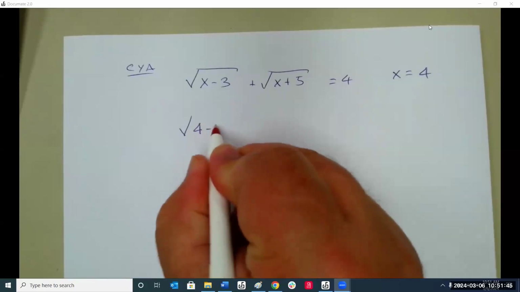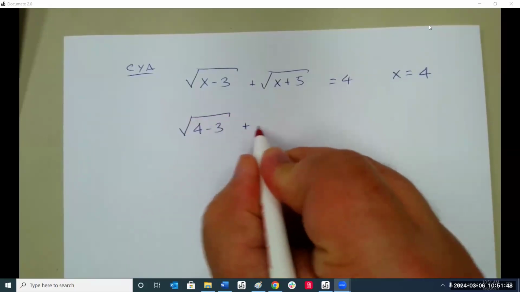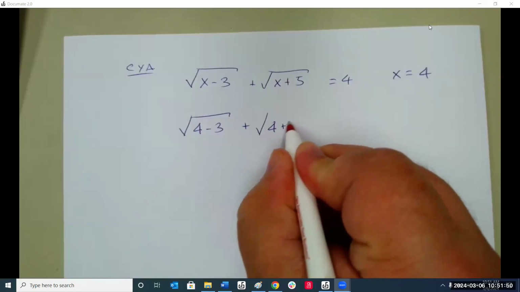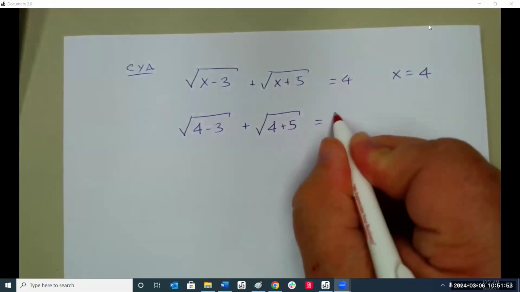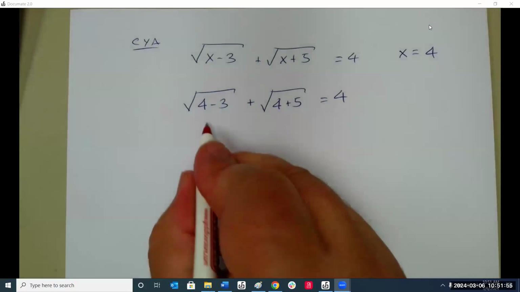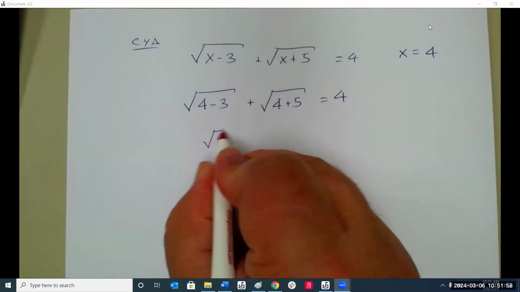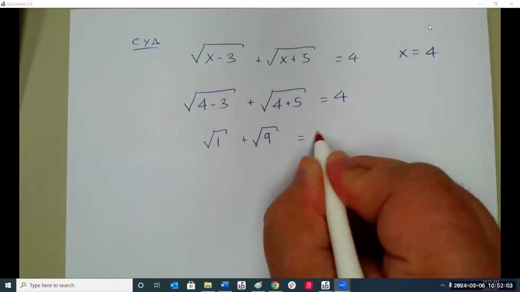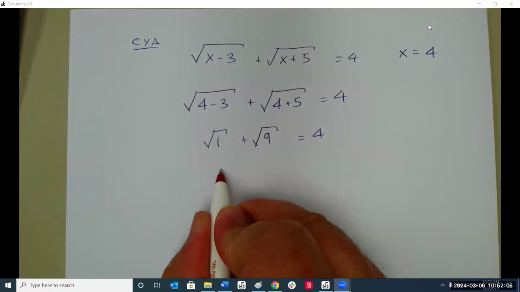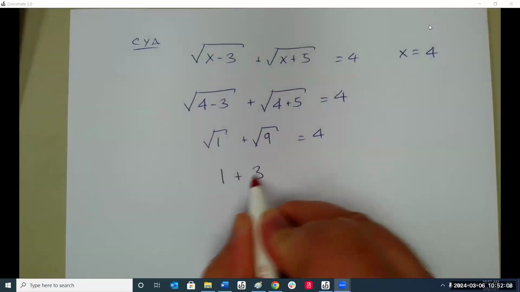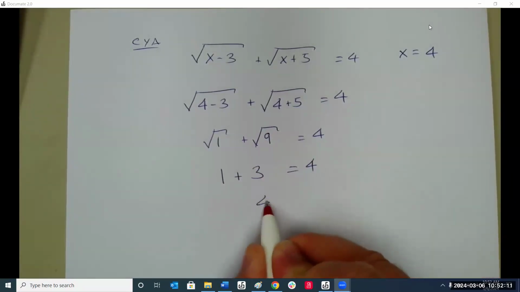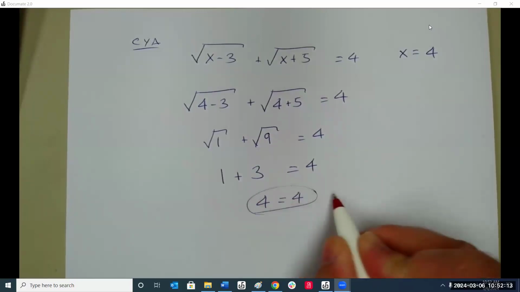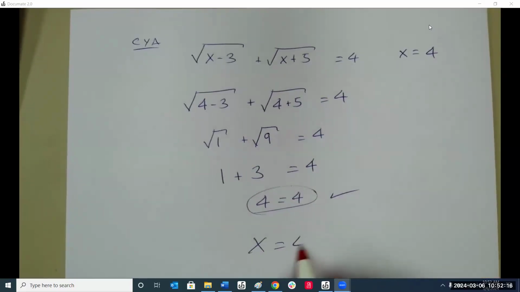So 4 minus 3, 4 plus 5. 4 minus 3 is 1. 4 plus 5 is 9. Square root of 1 is 1. Square root of 9 is 3. So x equals 4 is our solution. And that's all there is to it.